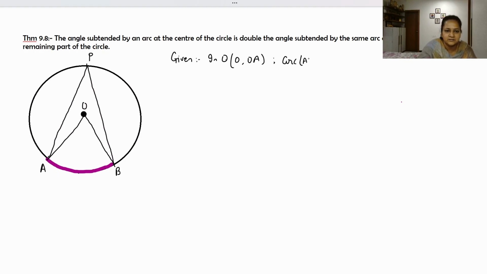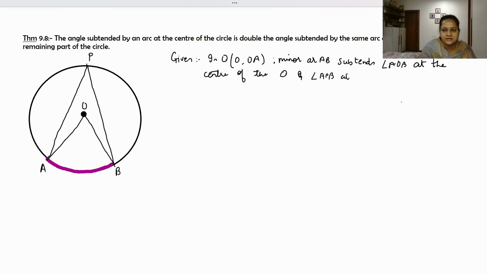Arc AB, or to be more precise, minor arc AB, subtends angle AOB at the center of the circle, and angle APB at a point on the circle.